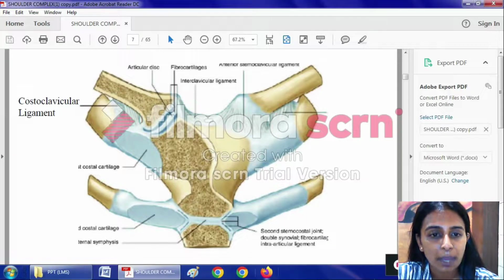In this, articular discs are seen: fibrocartilaginous interclavicular ligament, anterior sternoclavicular ligament, costoclavicular ligament, first costal cartilage, second costal cartilage, second sternocostal joint, double synovial, fibrocartilage, intra-articular ligament.